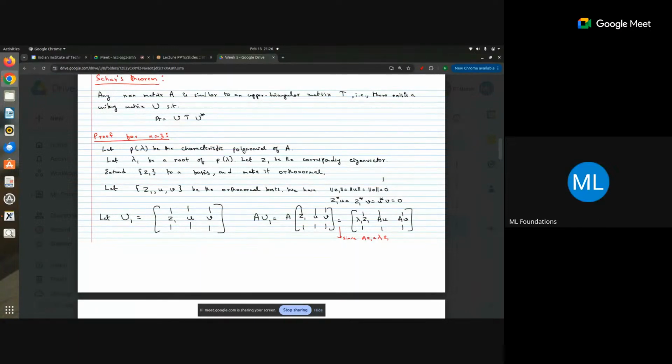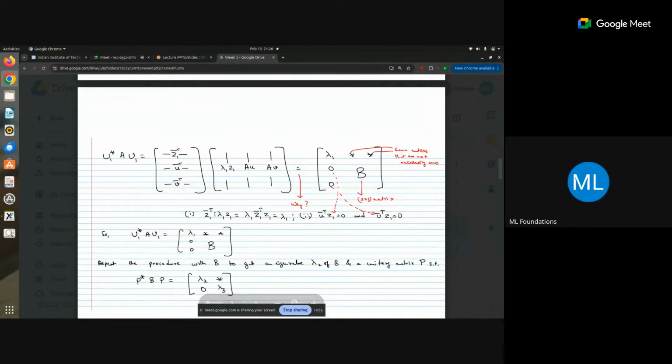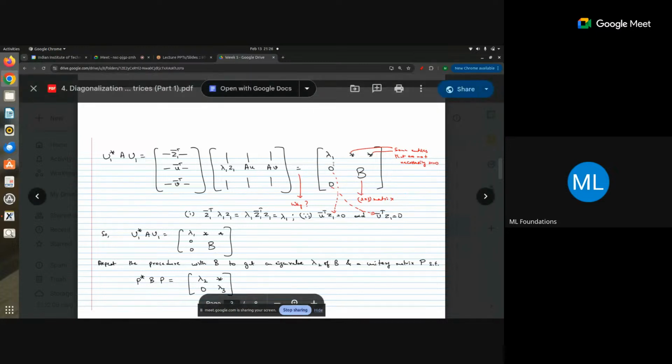That is a typo. Only then will it become orthonormal. So by that, Z1 transpose Z1 is the length of that vector, which is 1, and the value will be lambda 1 here. Is that correct?